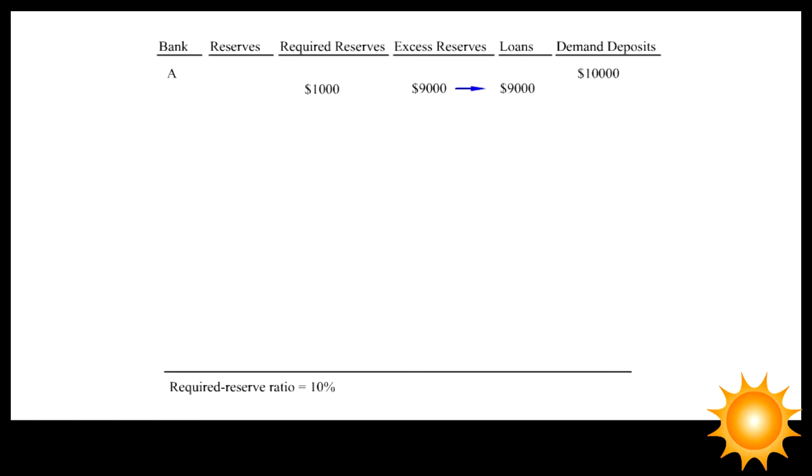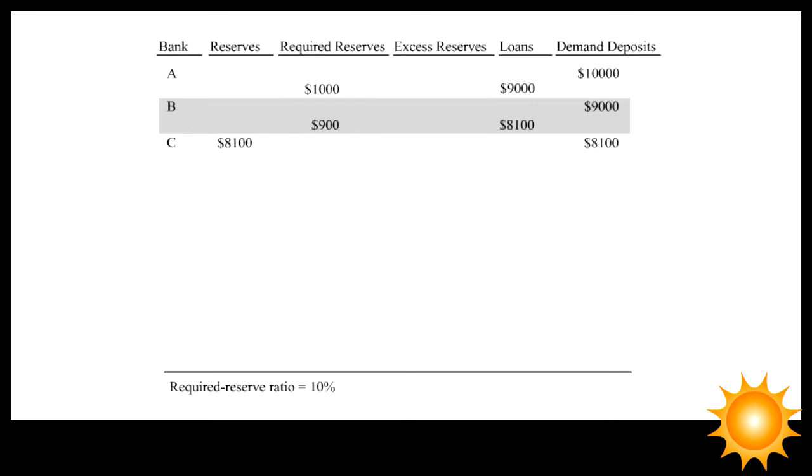Let's assume that the loan will be spent and the recipient deposits the $9,000 into his Bank B account. Again, only 10% of the reserves need to be kept at Bank B to back up the new demand deposits. The rest could be loaned out to earn interest. Let's assume that the loan will be spent and the recipient deposits the $8,100 into his Bank C account.